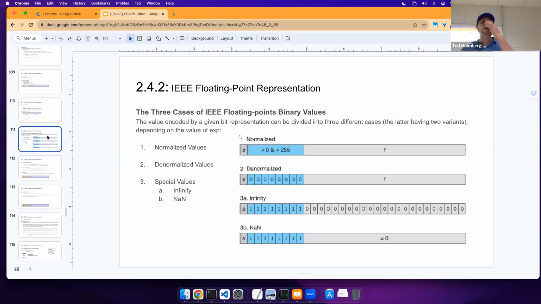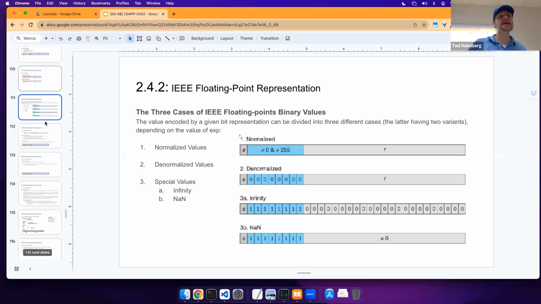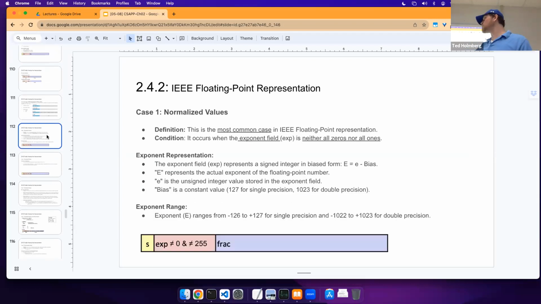With our floating point representations, there are three different cases by which our values can be represented. We have normalized values, denormalized values, and special values, which are either infinities or not a numbers, NaNs. Let's take a look at each of these cases. The first case, normalized values, is the most common that we deal with; most values fall into this domain.